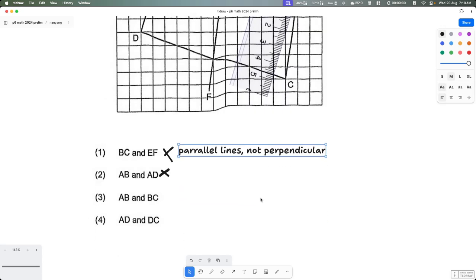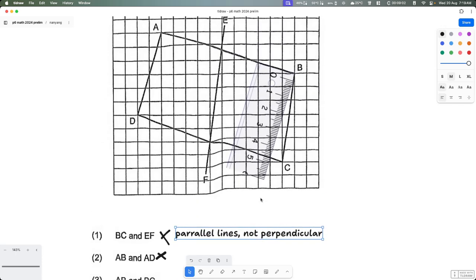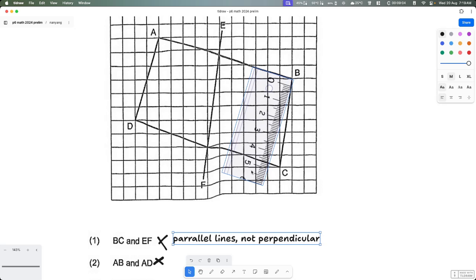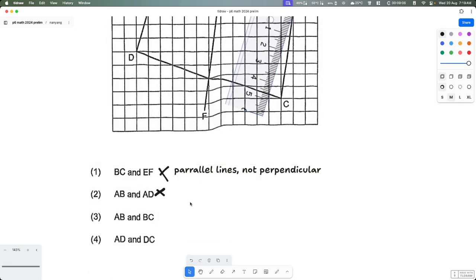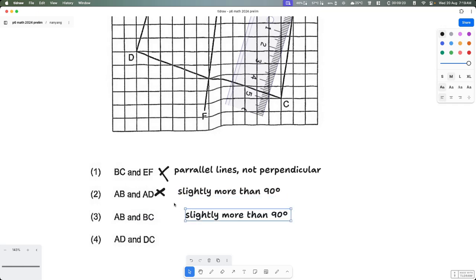AD and AB is not. So AB and BC is also not. This is slightly more than 90 degrees. Same goes with number 3 over here. So this is also not. Let me just use the same one. Right, does that mean number 4 is correct?